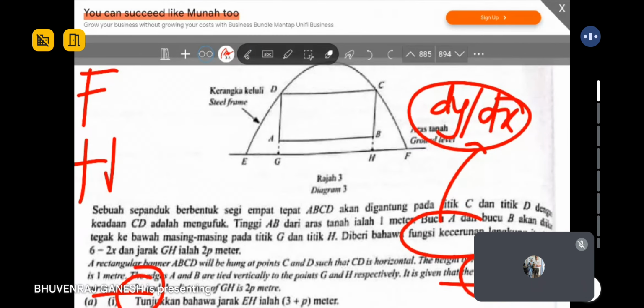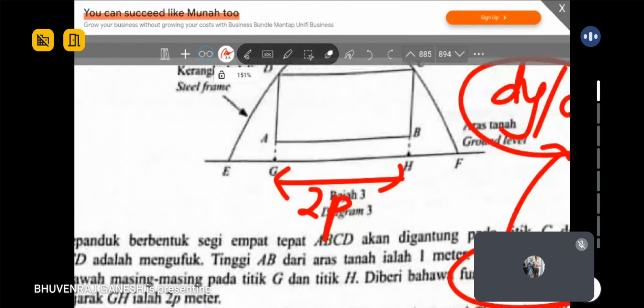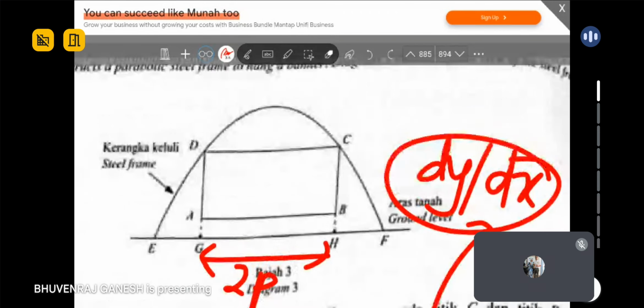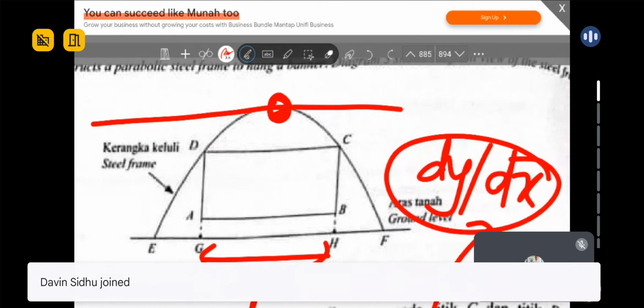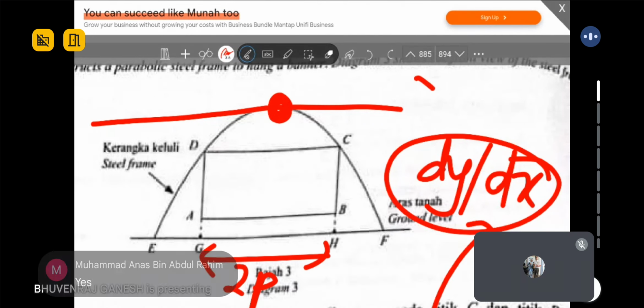You got one information here. GH adalah sama dengan 2P. So dy over dx kat sini akan sama dengan kosong, because this is the maximum point. Titik maximum, dy over dx sama dengan kosong.